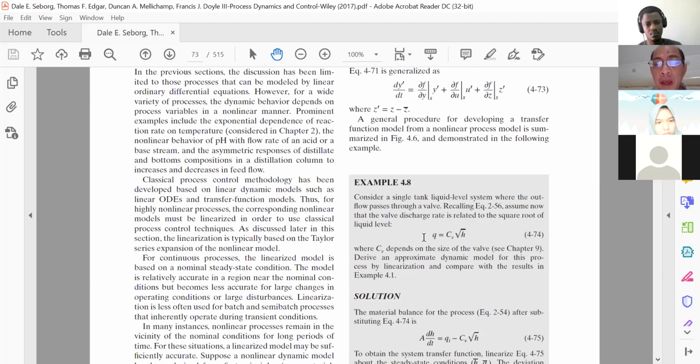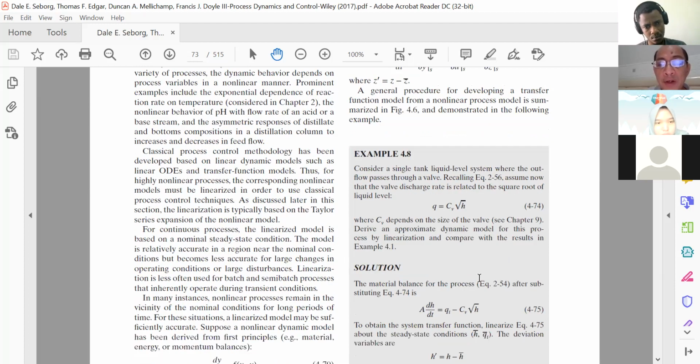Example 4.8. Consider a single tank liquid level system where the outflow passes through a valve. Assume that the valve discharge rate is related to the square root of liquid level, something like this, where Cv depends on the size of the valve. Derive an approximate dynamic model for this process by linearization and compare with the results in example 4.1.